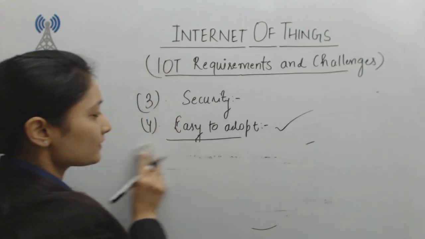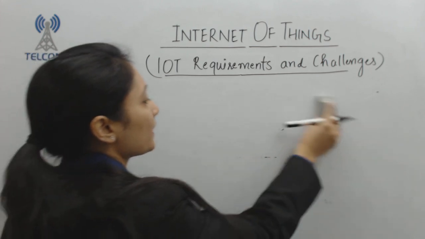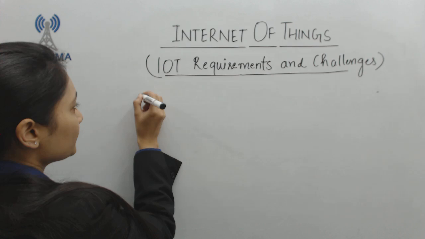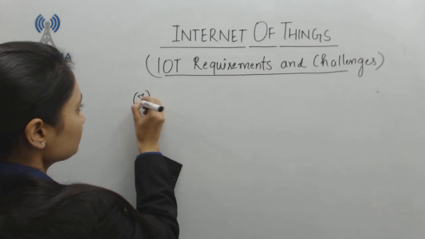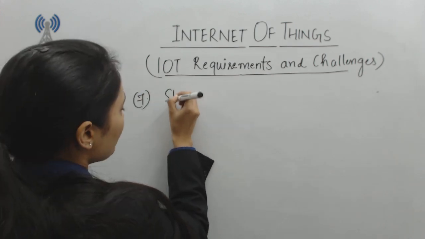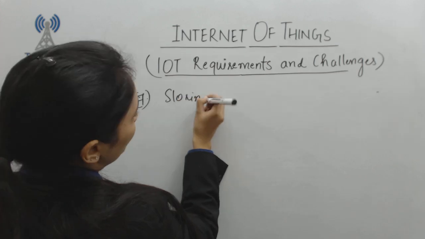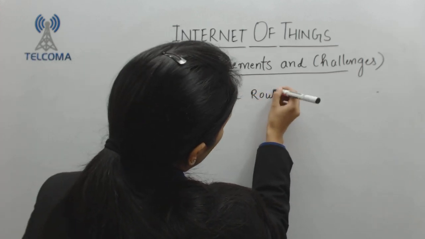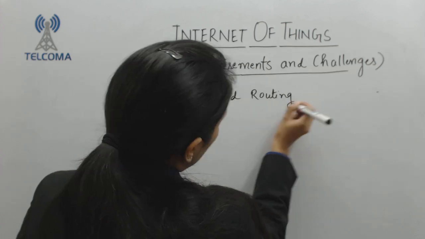So after caching and storage, moving towards the other requirements for your Internet of Things, we have your storing and routing. Now there are different technologies which we are using here for Internet of Things.